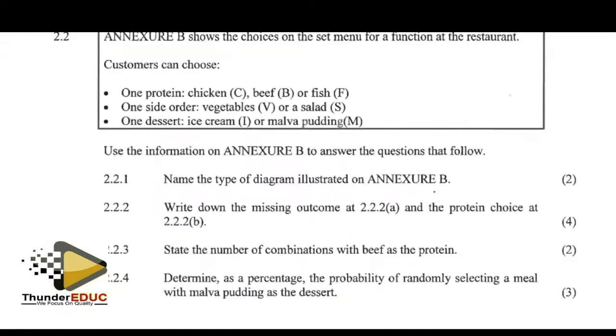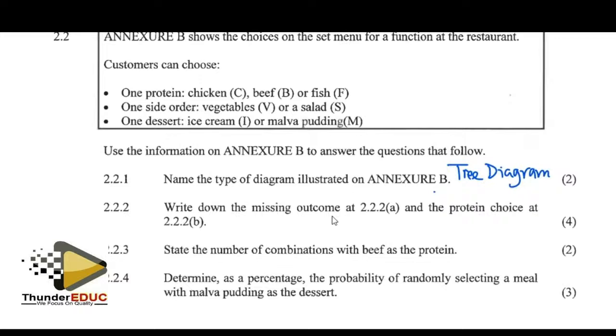We continue the other question. You see what other question they are saying? We've already completed this. They're saying name the type of diagram illustrated in Annexure B. I've already told you it's called the tree. The tree is called the tree diagram. Write down the missing outcomes.